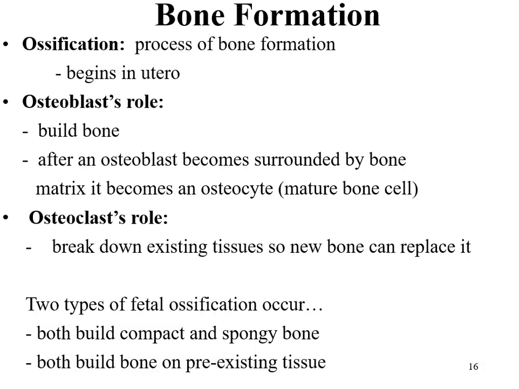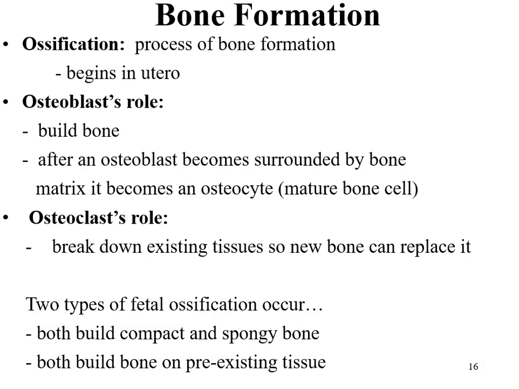Osteoclasts also play a role, which is less intuitive, but they need to break down existing tissues so osteoblasts can lay down bone to replace it. And they also work to remodel the bone as it's forming. There are two types of ossification or bone formation. These two processes share some characteristics. They both build both types of bone tissue.